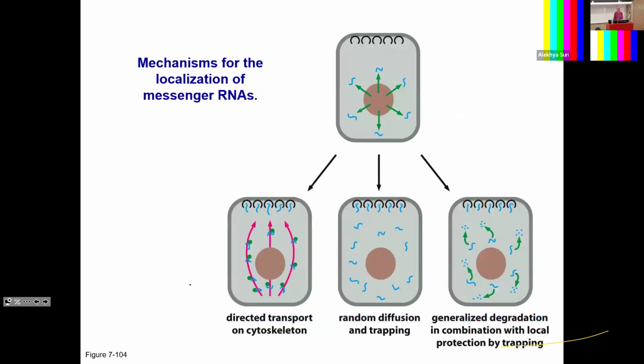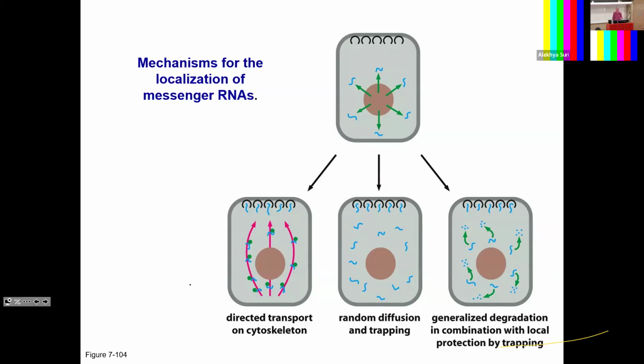As I told you, once RNA gets into the cytosol, it sometimes doesn't float around. It will go to a specific location, for example, to one side of the cell.